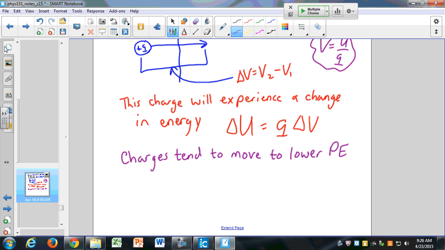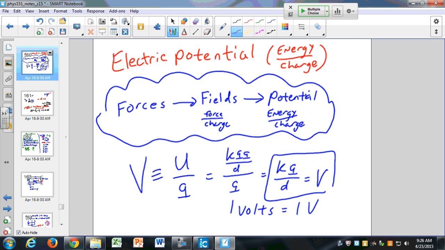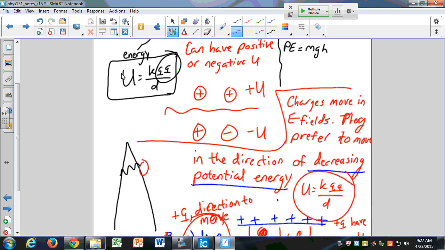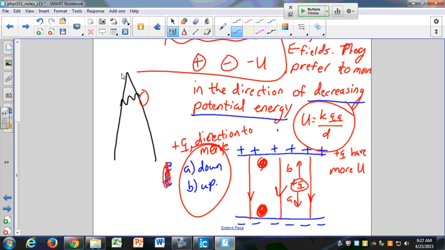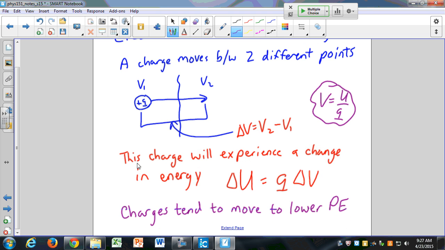I thought we had covered this topic. Right here, this is something different. So this is related but different. Sorry, I'm not quite all here today. So charges tend to move to lower potential energy, just like that stone rolling down a mountain.